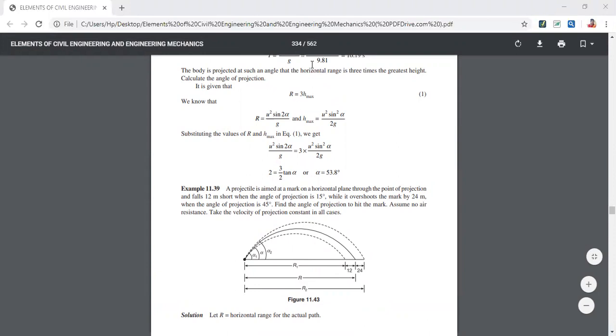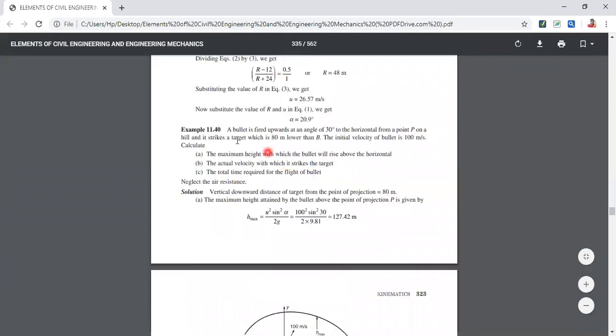Okay, so the next example is about a bullet being fired. A bullet is fired upward at an angle alpha of 30 degrees to the horizontal from a point P on a hill, and it strikes a target which is 80 meters lower than P. The initial velocity of the bullet is 100 meters per second.